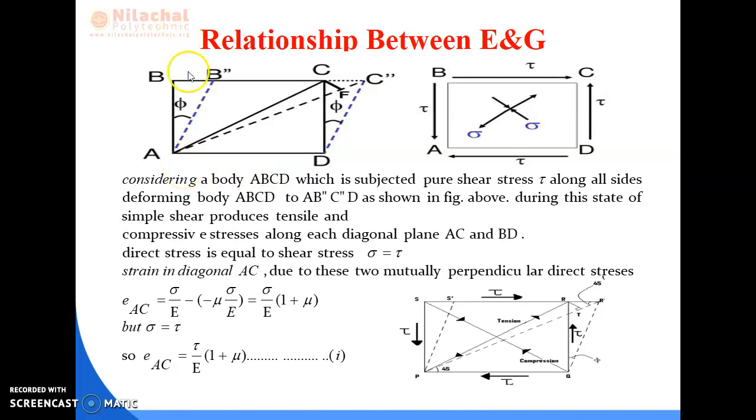There is a deformation that takes place along BC, causing the deformation from BC to B double dash C double dash.